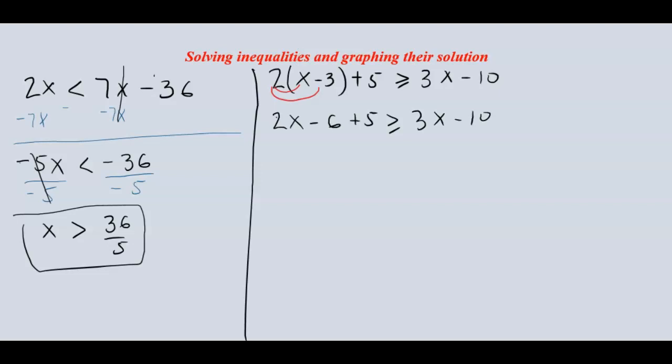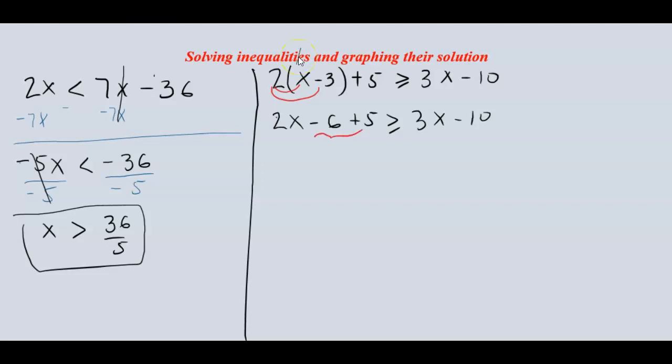Now, negative 6 plus 5 is negative 1. So combine like terms. So what I combine here is these two terms right here.